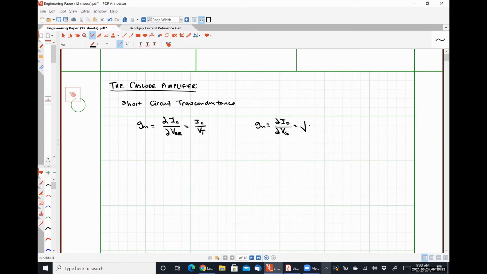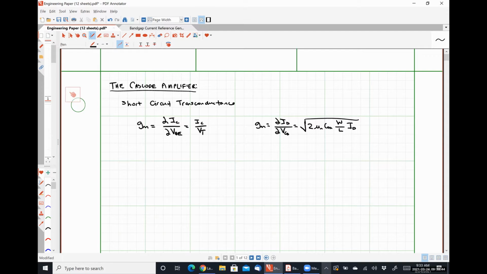And there were 3 or 4 different relationships that we got for the transconductance. I'm only going to list the base one for saturation region operation specifically, because that's where we typically want our circuits to operate.